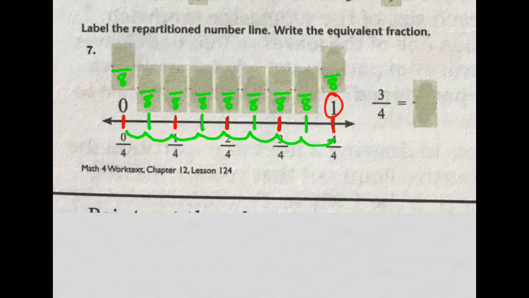Okay. We got that all set up. All right, I'm going to erase this green line down here so we can see all of our numbers good. Well, all right. So we know that 0 would be 0/8, and then we also know that the whole, the equivalent would be 8/8.